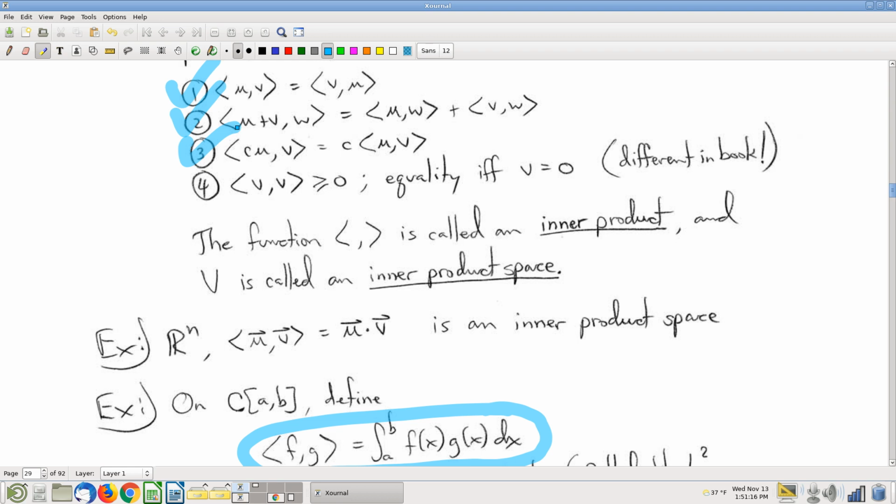Look at those first three properties. Show that this formula does those things. Ultimately, proving that this satisfies those first three properties is a matter of writing down, translating those properties into calculus and just reminding yourself that you know basic facts about integrals from Calc 2, Calc 1 maybe even.